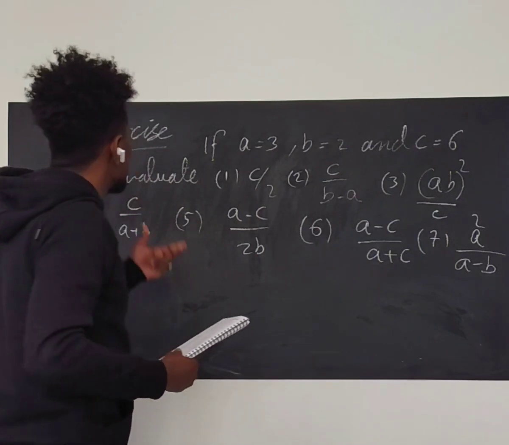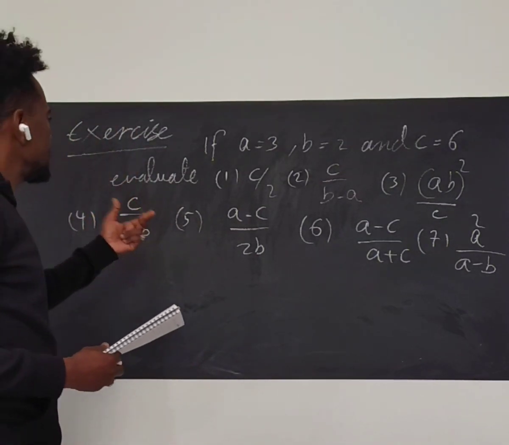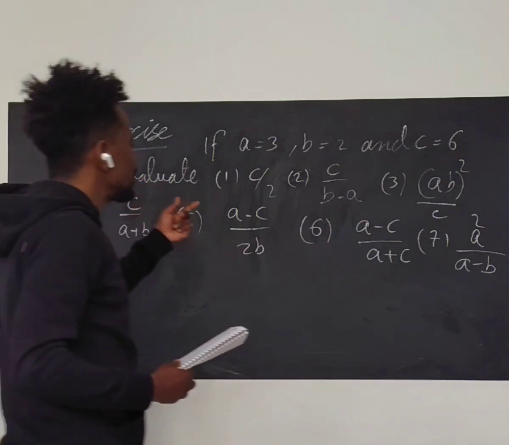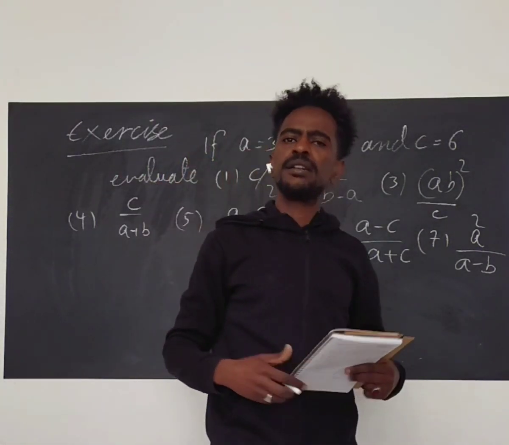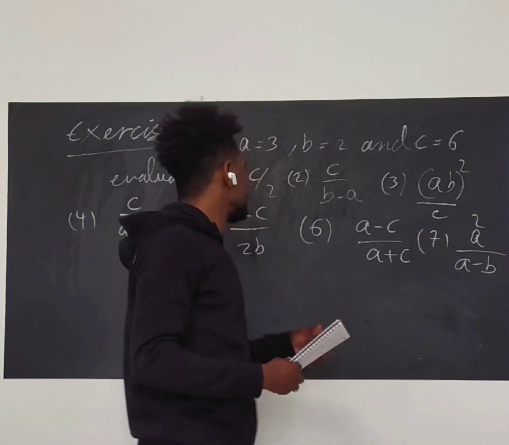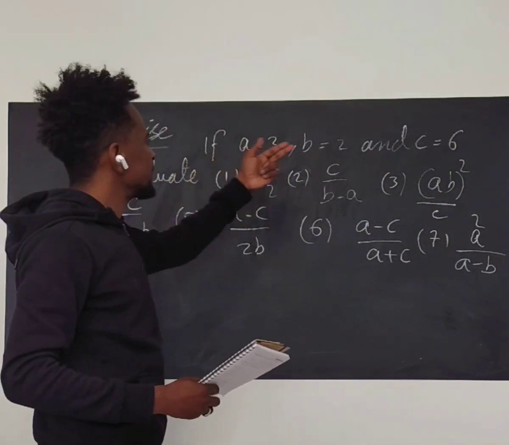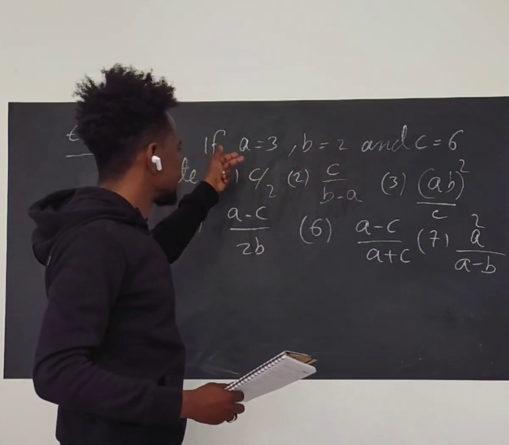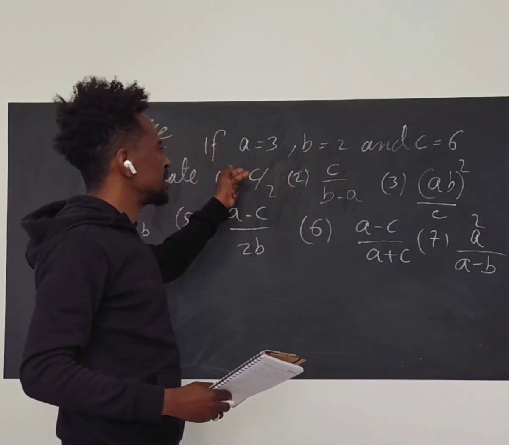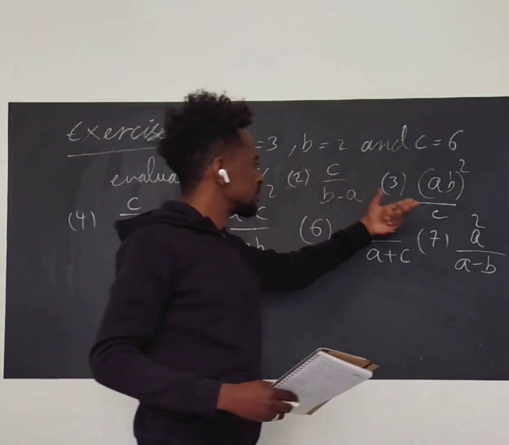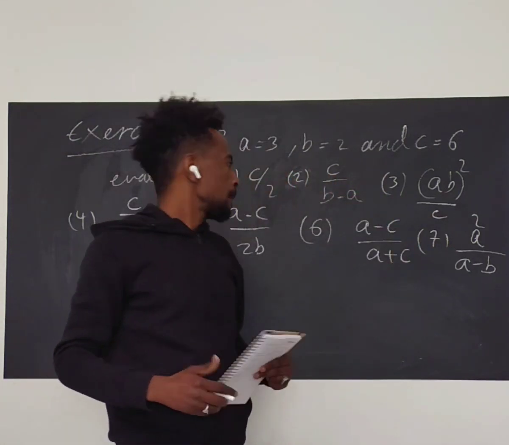So we only need to replace the unknowns with their values. So here, for example, this is number 1, c over 2, c is 6, then 6 over 2, that will be 3, and the rest is for you.